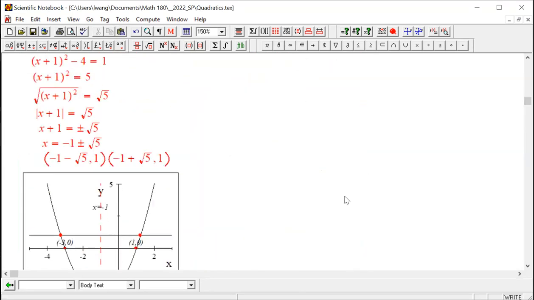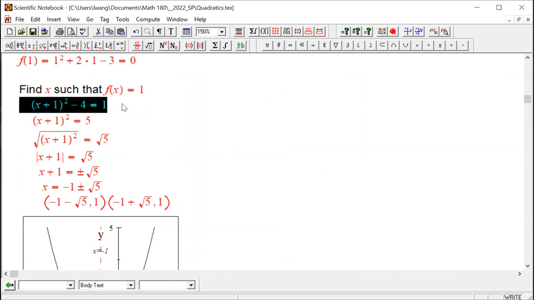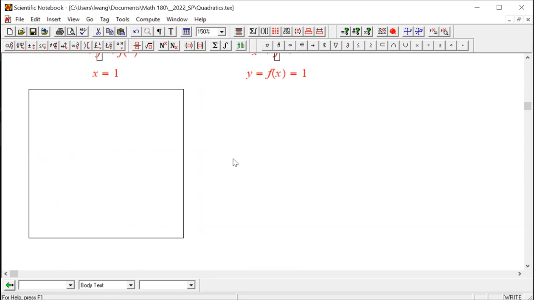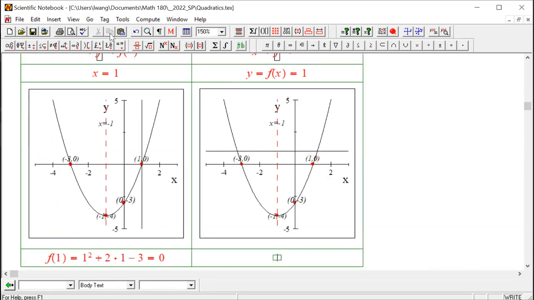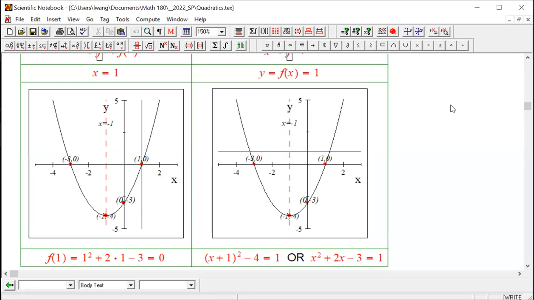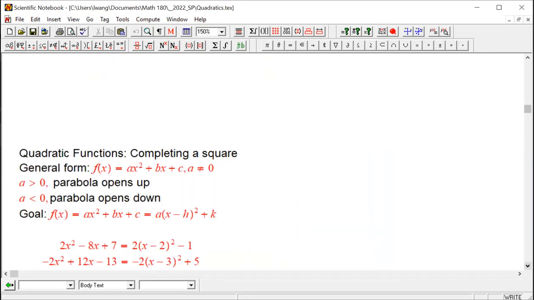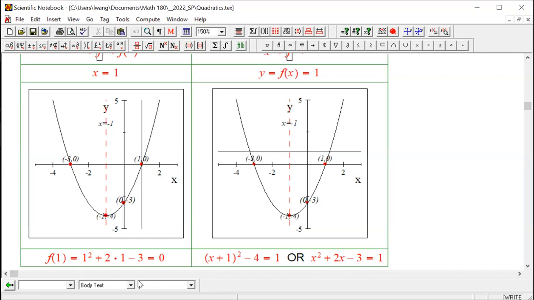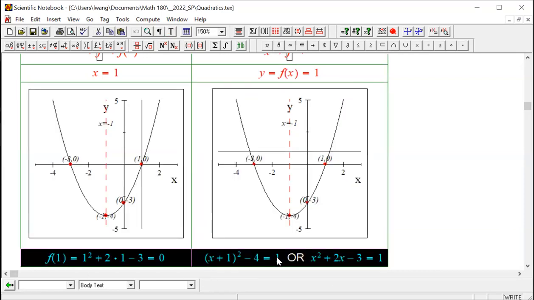And for this other one, we set f of x equals 1. So we have a different setup. How about I set it up the other way? Of course you can. You can set it up the other way, no problem.